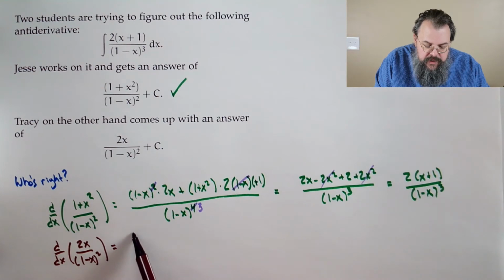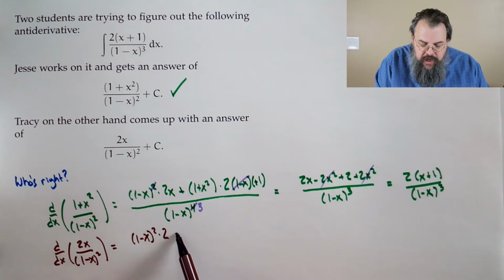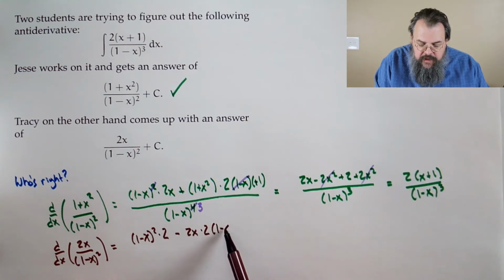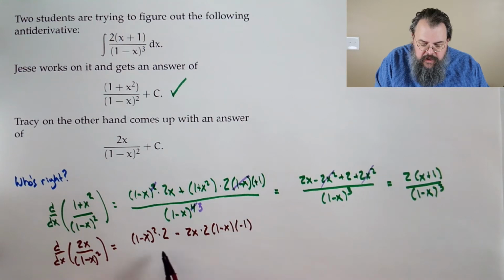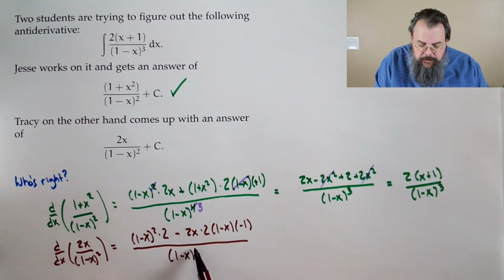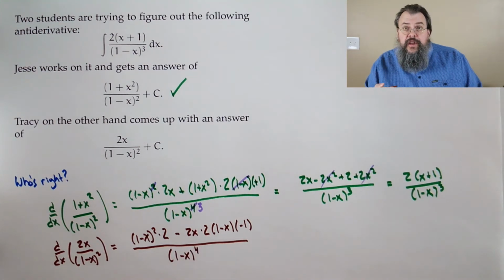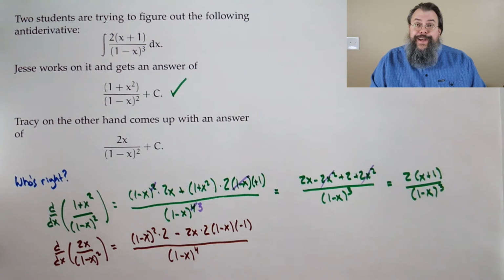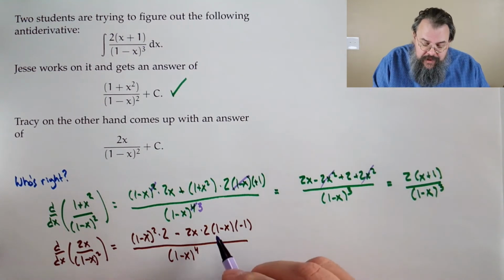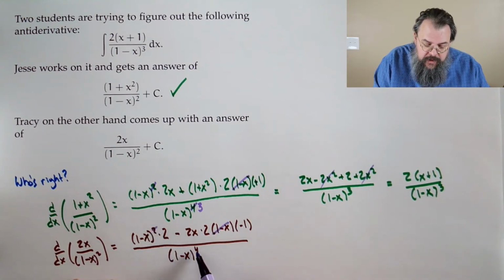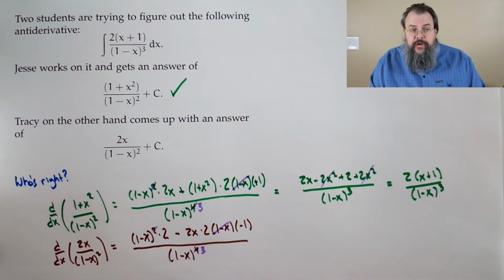We're going to take the bottom times the derivative of the top minus the top times the derivative of the bottom, all over the bottom squared. And now we're like, ooh, cool. Similar thing as before. We can cancel off a single 1 minus x. It's common to everything. That's great news for us.